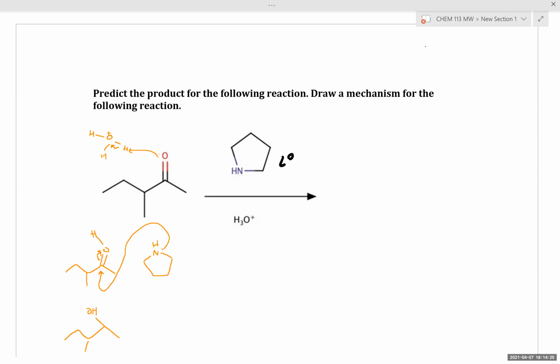Now that we have this tetrahedral intermediate, we're going to, again, need to activate our alcohol as a leaving group. And the easiest way to do that would be what? What's the easiest way to activate our alcohol as a leaving group?